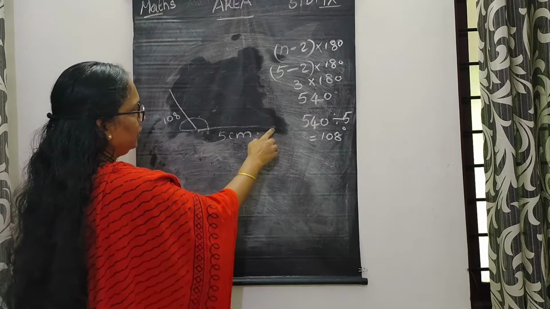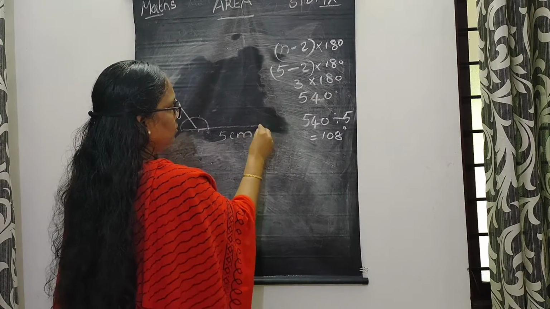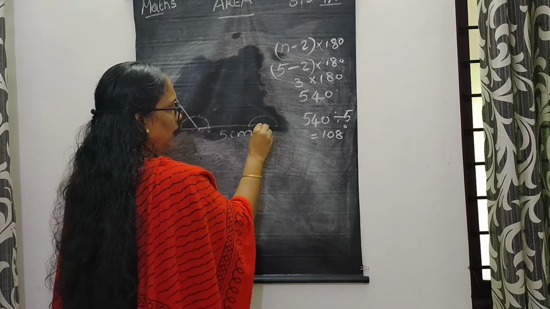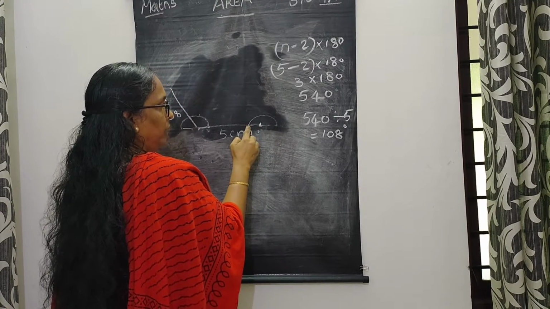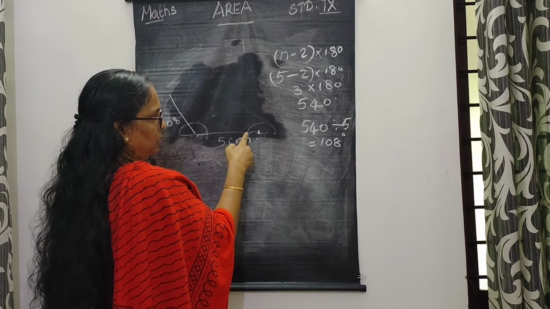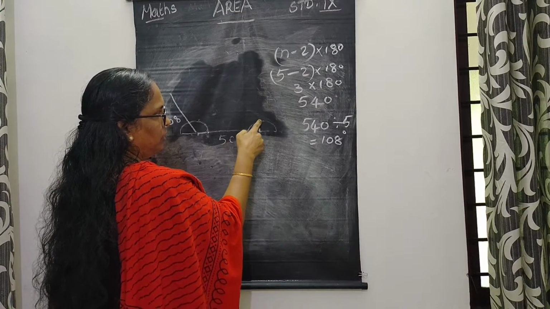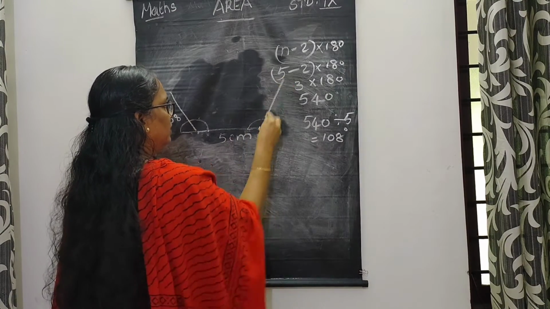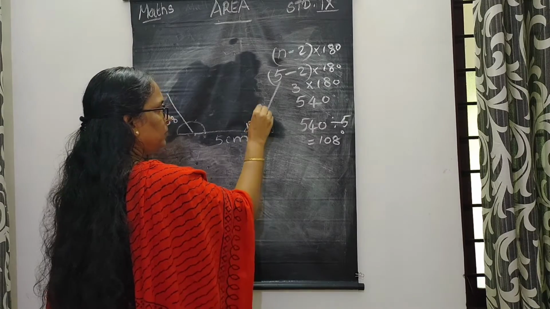And here also it is 108 degree. So place the protractor like this. And from here we count 0 from the line, 0, 10, 20, 30 like this. Here is 108. So we can draw a line like this, make 108 degree.